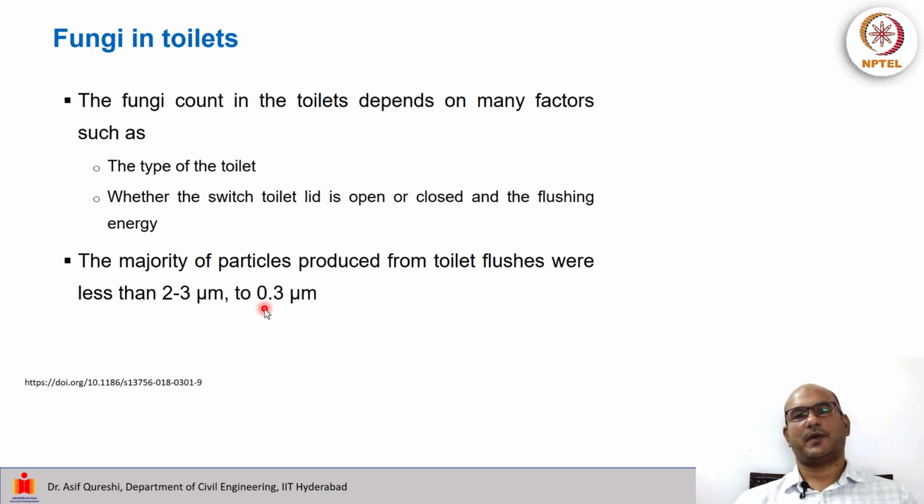So a lot of the microbes that are attached to these particles, or are the nuclei of these particles, or are in this size range themselves, will remain suspended in air for a long time, suggesting longer term exposure to anyone who will be in that washroom.